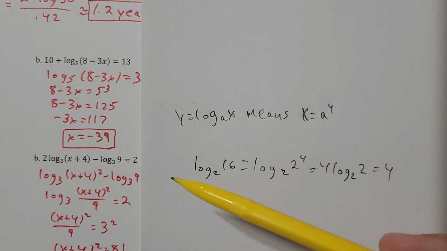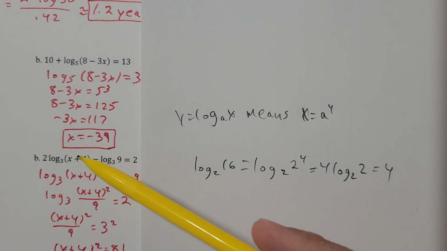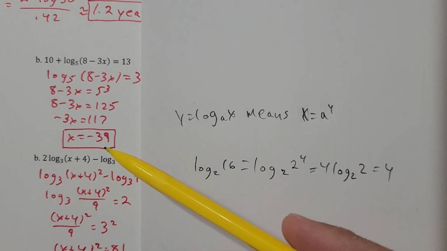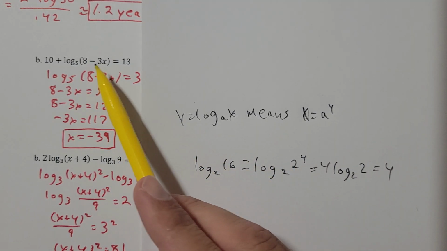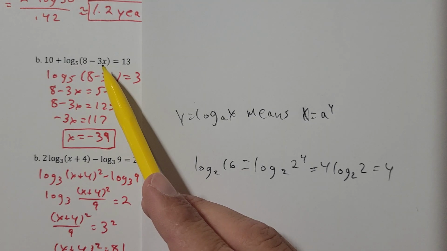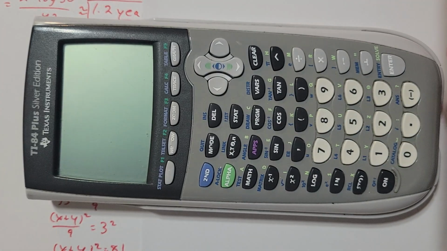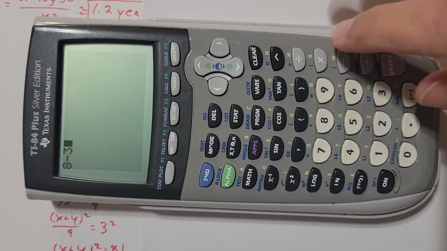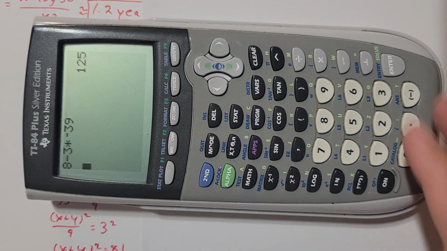The input of a logarithm can't be negative. So x is negative 39 there. Is it true that if I take 8 minus 3 times negative 39, let's see, what does that give me? 8 minus 3 times negative 39 is 125.